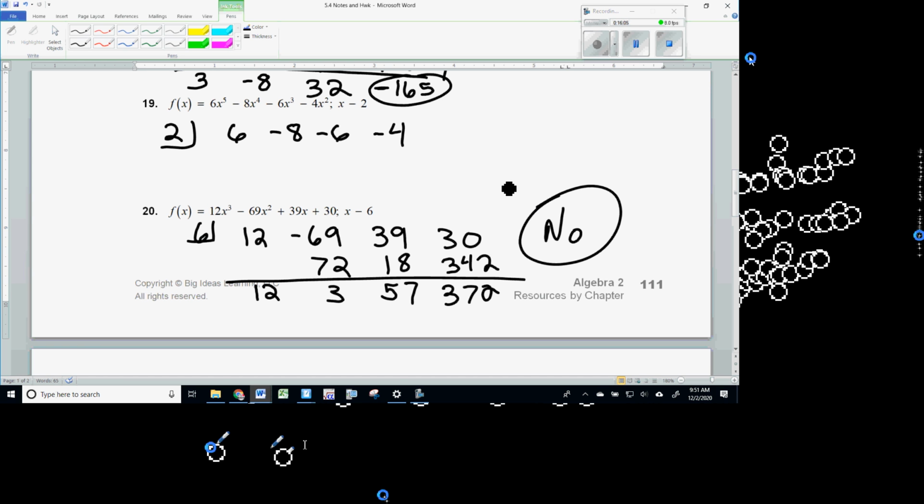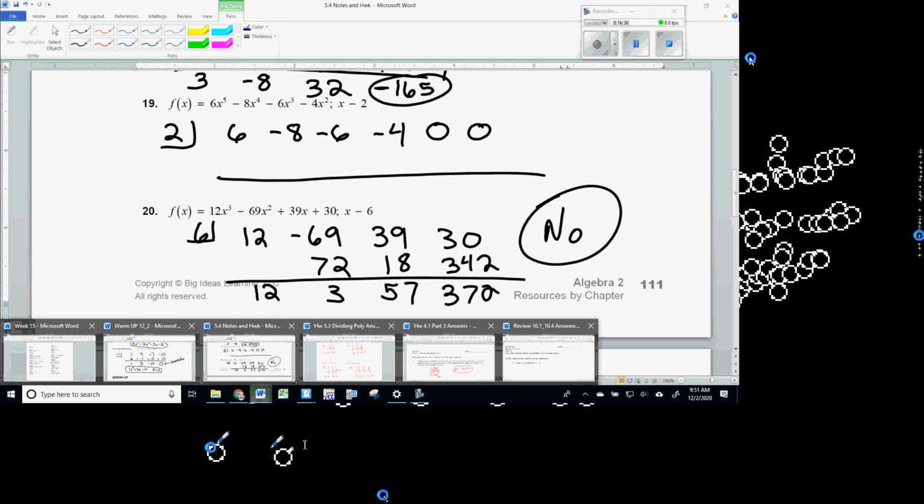Here's where we got to be careful. There's no x, and there's no number. So I have to put in zeros. I need 0, 0. Okay? Your coefficients have to go in order. It has to go 3, 2, 1, no x.